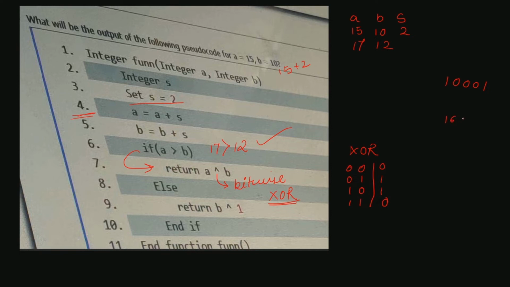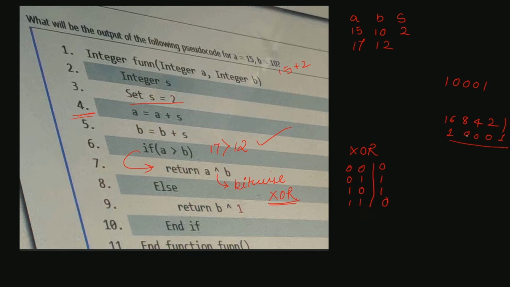Suppose write 16, 8, 4, 2, 1, and then see how you can calculate 17 from it. For example, 16 plus 1 is 17. So we will write 1 and 1 here, and remaining values will be 0. So this is our 17.